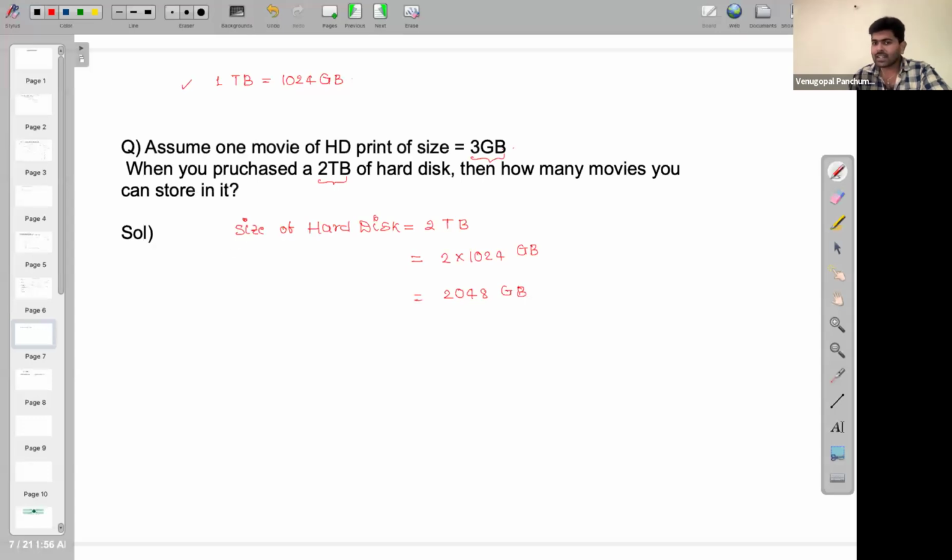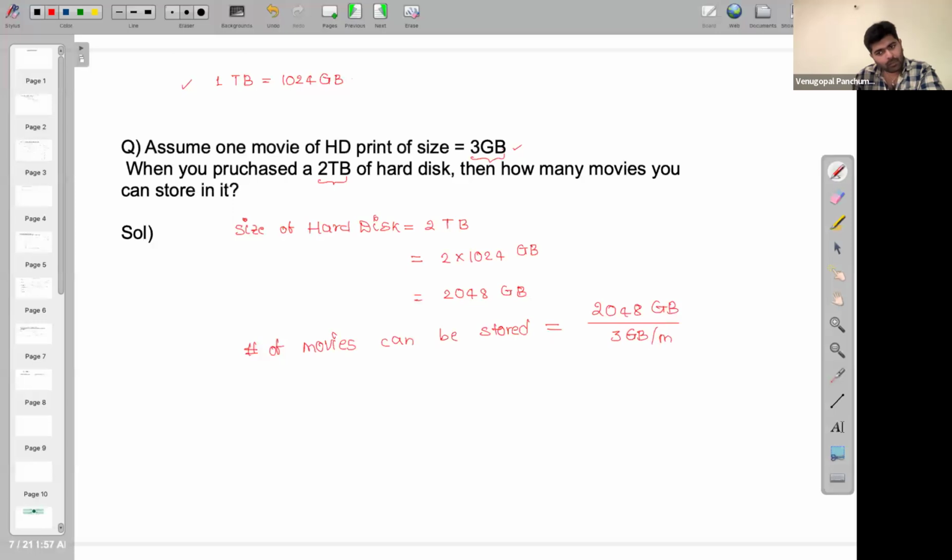So one movie size is how much? 3 GB. Total hard disk size is 2048 GB. Therefore, how many movies can we store? The total size is 2048 GB and the size of one movie is 3 GB per movie.